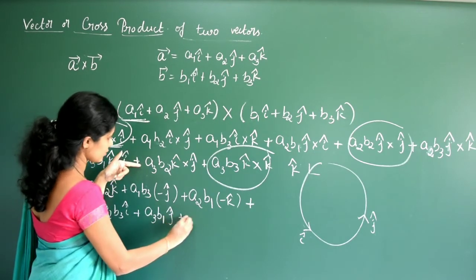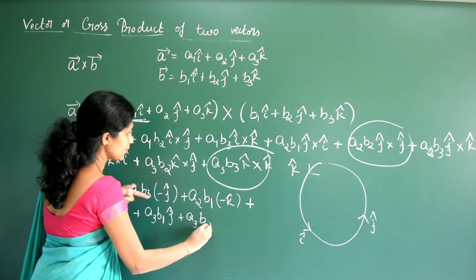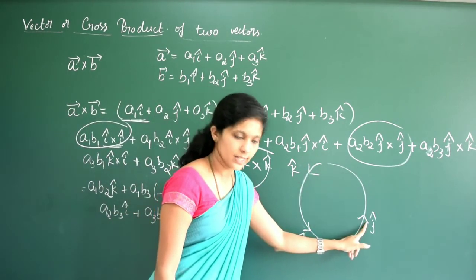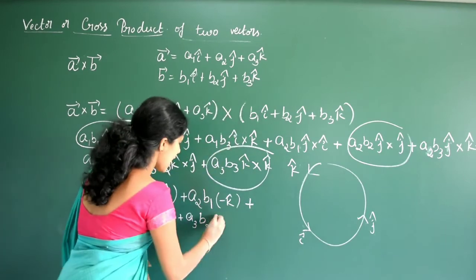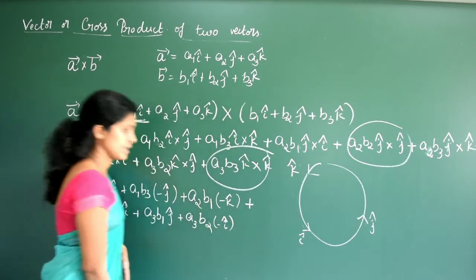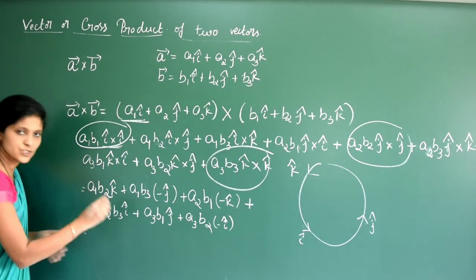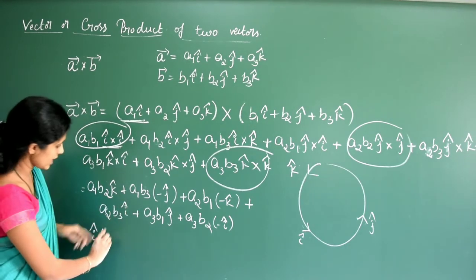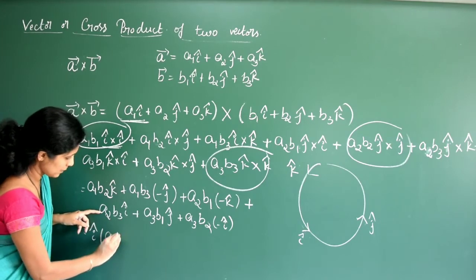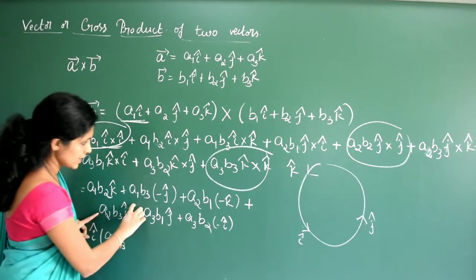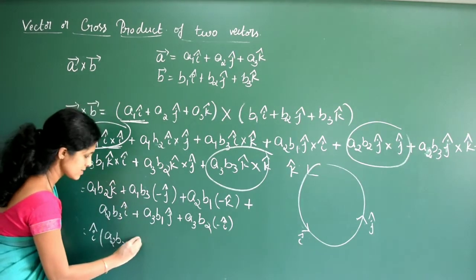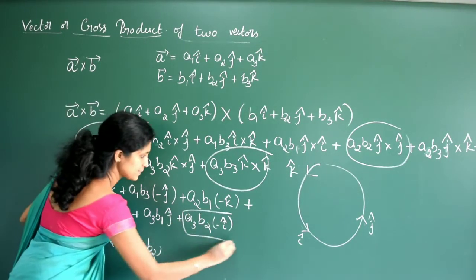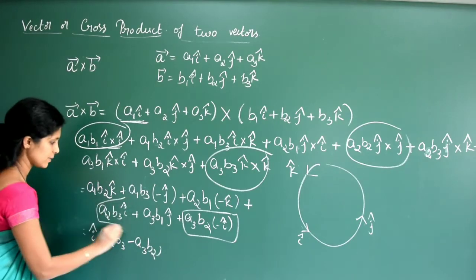Remaining is a3 b2 k cap cross j cap, again in the opposite direction, so it will be equal to minus i cap. Clear? So we will collect the terms in i cap, j cap and k cap. I cap times (a2 b3 minus a3 b2), one more i cap term is here.